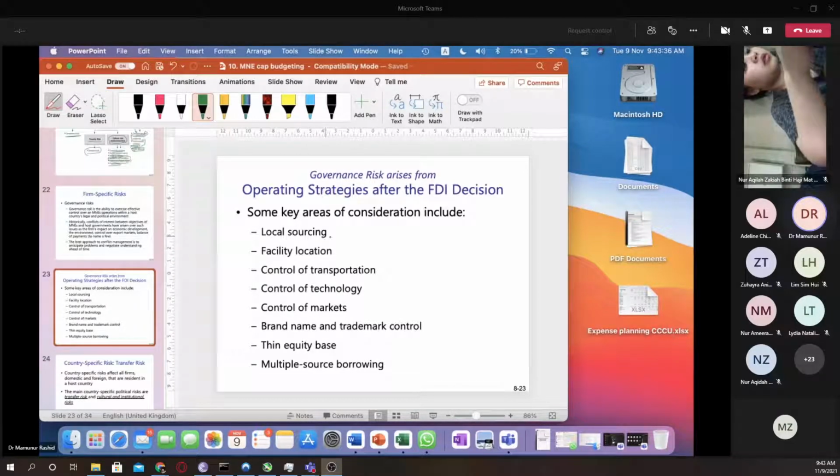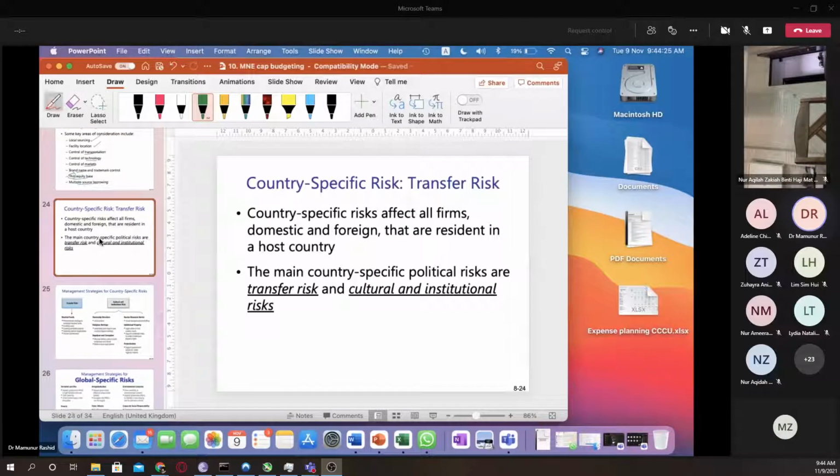For example, governance related risk could be firm specific, your company related decisions: whether you are going to source your raw material from local sources, whether you are going to have your factory located locally or somewhere else, what kind of transportation you are going to use, who will control the transportation, what kind of technology you are going to use, who will control the technology, what kind of market you are going to go into, who will control the market, brand name and trademark control, thin equity base, whether you are going to increase your equity or rely on leverage, multiple sources of borrowing, whether you are going to borrow from multiple sources or from one or two sources, who is going to control your borrowing, and other types of decisions.